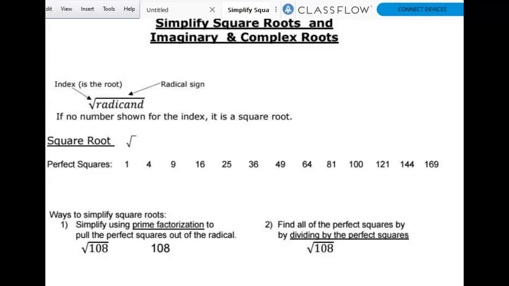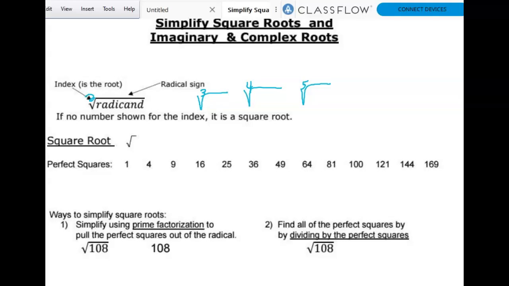If it's not written, we assume it's 2. So here, the index is 2. But it can be a cube root, a fourth root, a fifth root. It can be whatever root you want. But if it's not written, we assume it's 2, which is the square root.